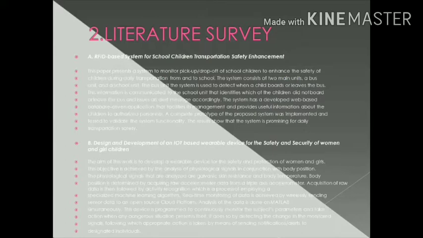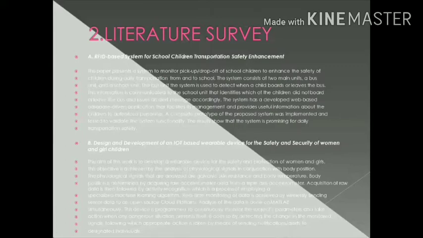The system consists of two main units, a bus unit and a school unit. The bus unit is used to detect when a child boards or leaves the bus. This information is communicated to the school unit, which identifies which of the children did not board or leave the bus and issues an alert message accordingly.